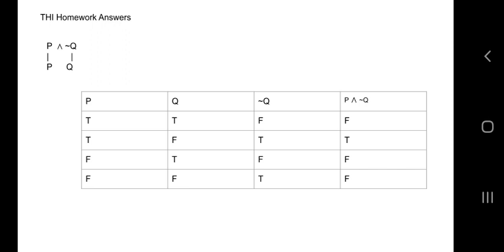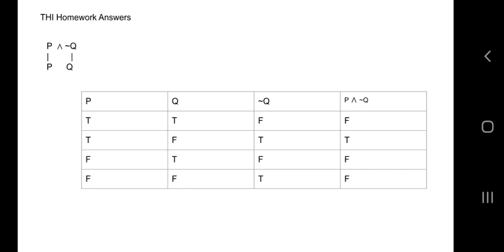And then the next column is going to be the not Q, and that should be the third column. You'll just look at the Q column, and you just have the opposite truth value of whatever Q had in that row. So false, true, false, true.